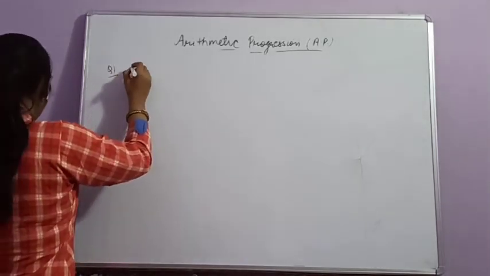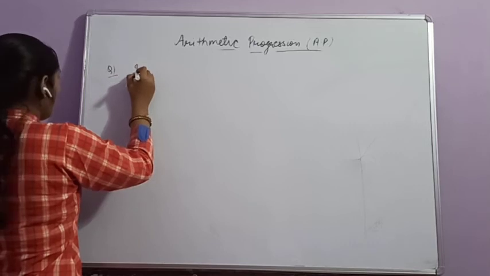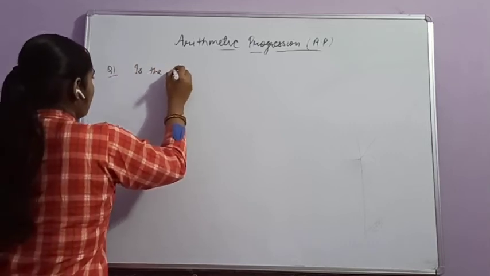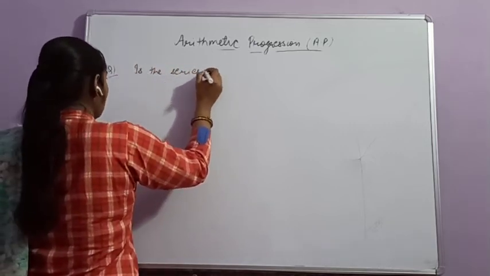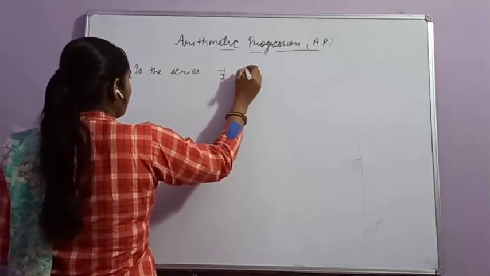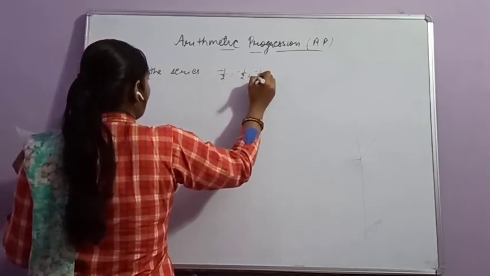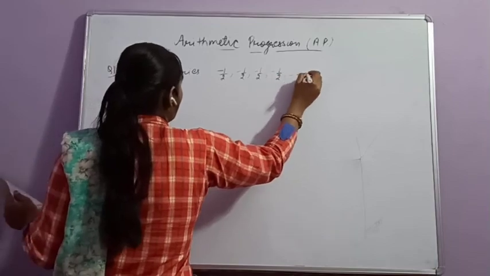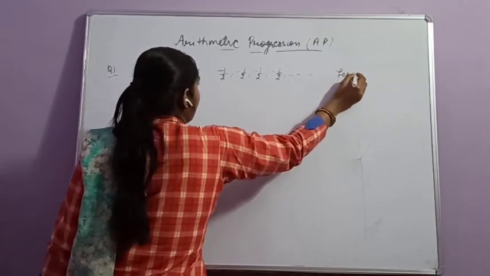The question is: does the series minus 1, minus 1/2, minus 1/2, minus 1/2 form an AP?